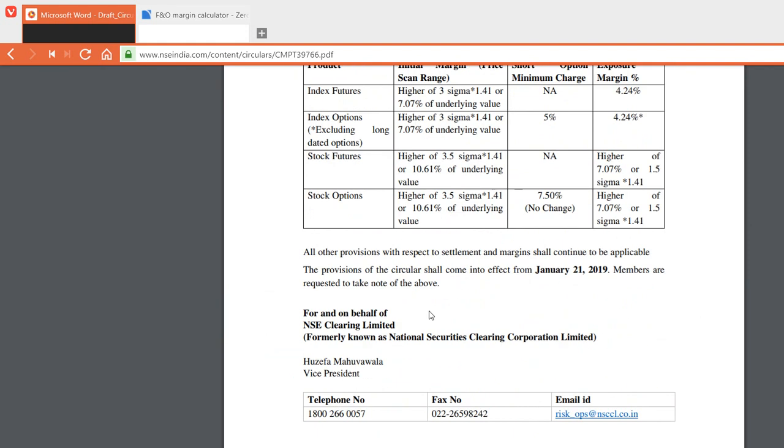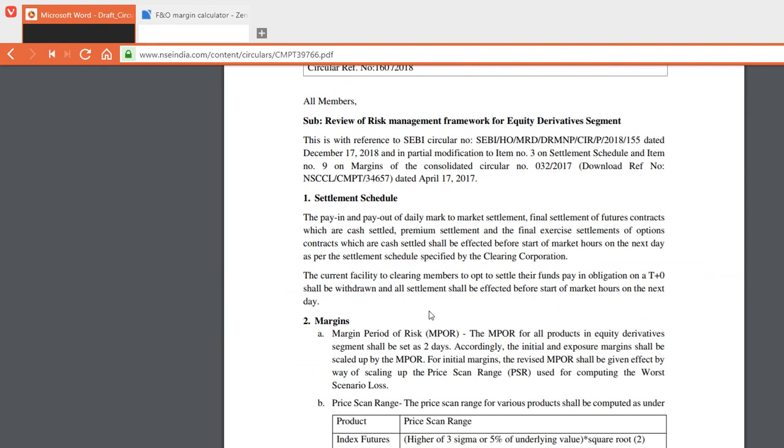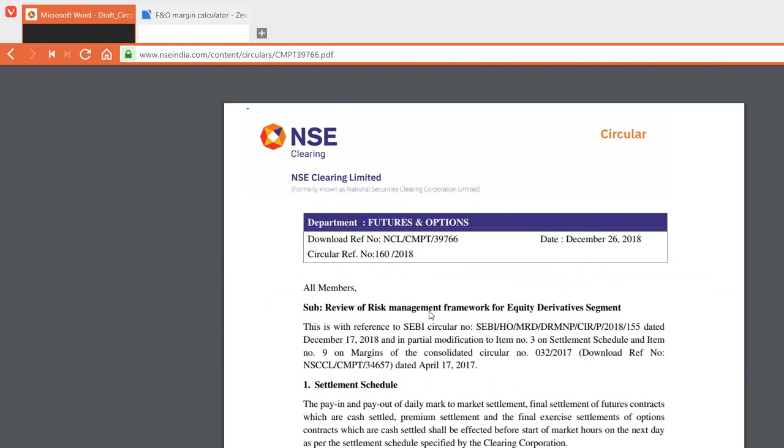In short, you just have to remember that if you are an option seller or a futures trader, even if you trade intraday, please do remember the margins have increased. If you are trading with 5 lakhs and your position is already in MTM loss, then it's very important that you either square off some of your positions or keep some extra margin.